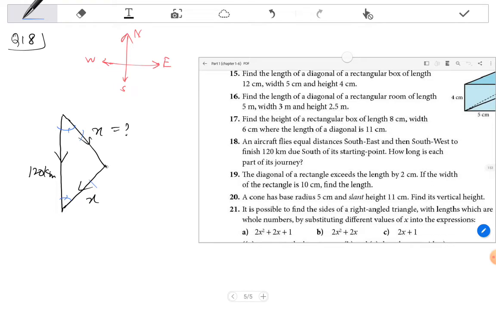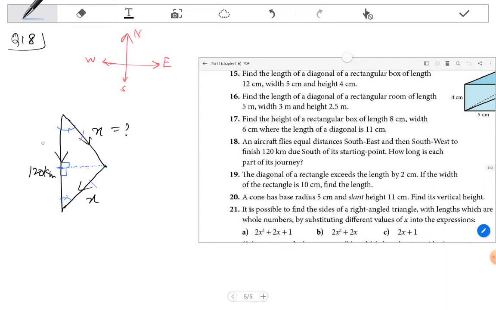But we know one thing: if we drop a perpendicular on this side, in an isosceles triangle, when you drop a perpendicular on the unequal side from the opposite vertex, it splits it into two identical right angle triangles, and it meets at the middle.